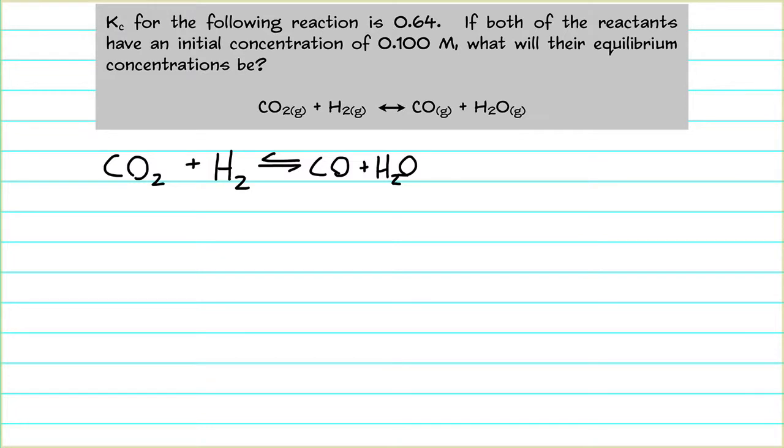So what we need to do is make a table where we set up our initial concentrations. Then we need to figure out what kind of change is going to be going on. And then finally, we're going to get our equilibrium concentrations.